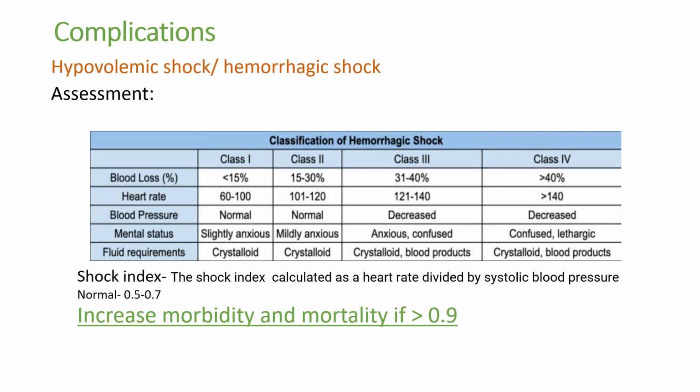You should take it as class 2 or 3 and start IV fluids and blood products. So the shock index is a better measure in pregnancy because of the hemodynamic changes which occur in pregnancy.